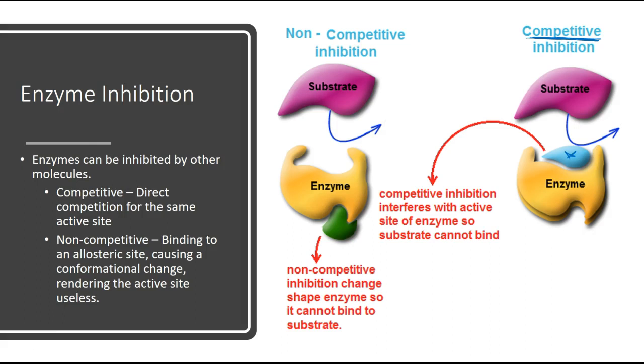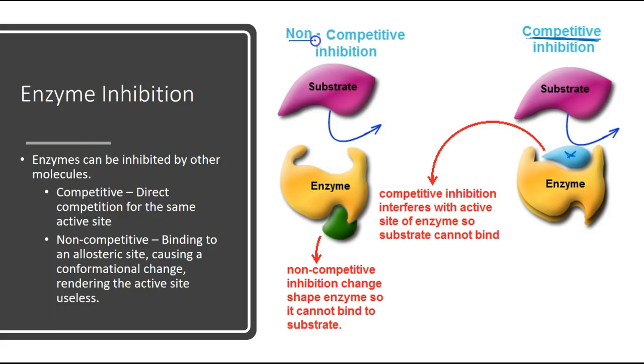And so these inhibitors are going to be actively competing for the exact same location and therefore interfering with the proper substrate enzyme complex, keeping it from forming, and therefore inhibiting the enzyme from doing the proper job that it is intended to do.